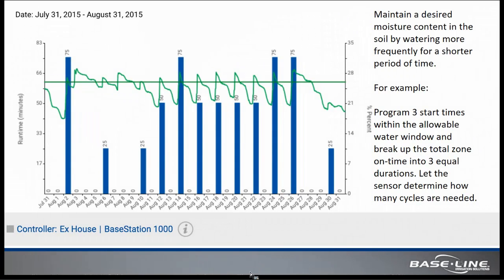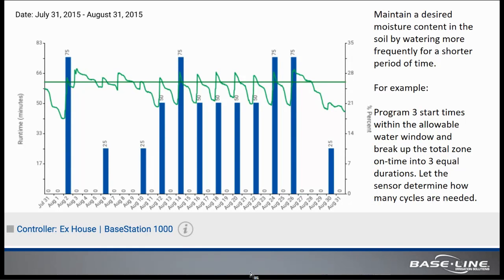So in this case, this is the same irrigation system a year later, where a desired moisture level of 27% was set as a threshold in the controller, and then the zone on time, rather than having it a solid 50 minutes, was divided into 3 even cycles of 25 minutes.